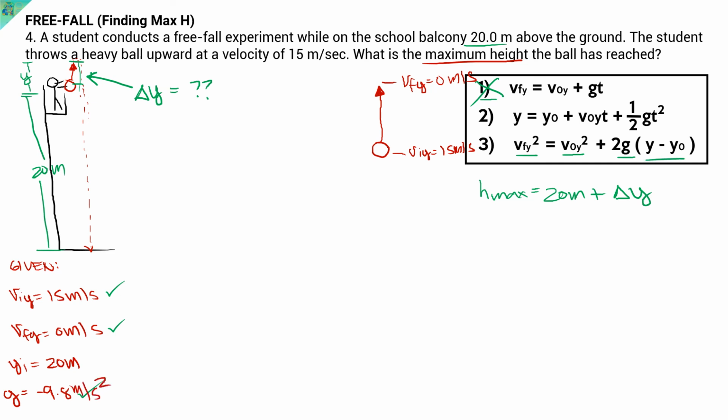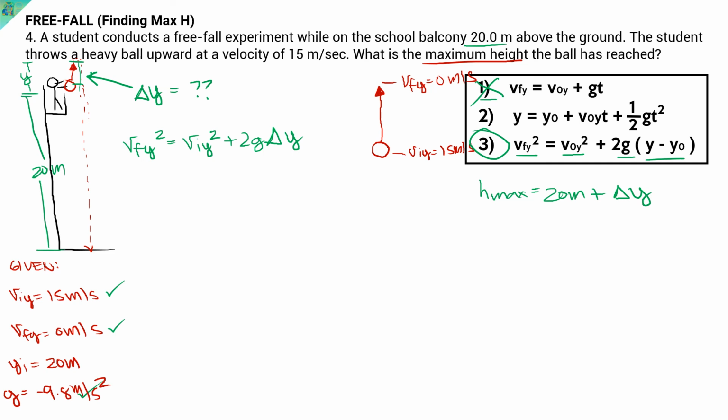And we're searching for delta y, and I think equation number 3 is the most applicable. So let's just write it down here. Vfy squared is equal to viy squared plus 2g delta y. Let me write this one as delta y.